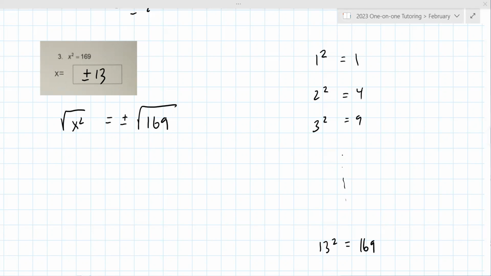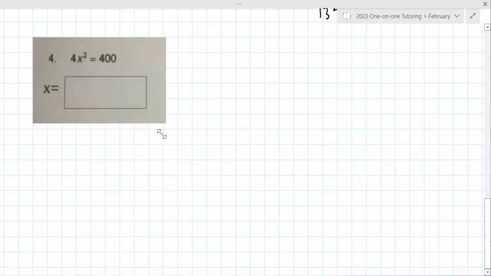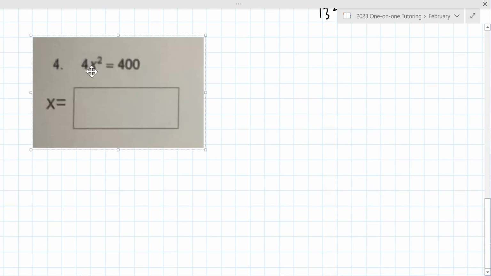Okay, so we're going to look at number 4 next. Sometimes you have to do some algebra, some steps, before you can take the square root. In all the previous problems, the x squared was already isolated. Now it is not. You have to divide both sides by 4.